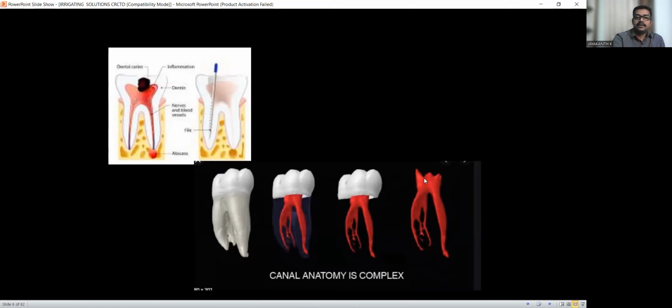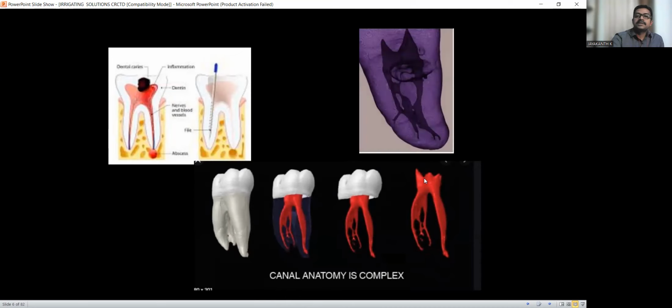We can see that the root canal anatomy is complex, as shown in the second picture below. Or sometimes when you take a CBCT of a tooth, you can see that it is more complex like this, with a lot of lateral canals, branching canals, ramifications, etc. So this is the importance of a thorough cleaning and shaping procedure.